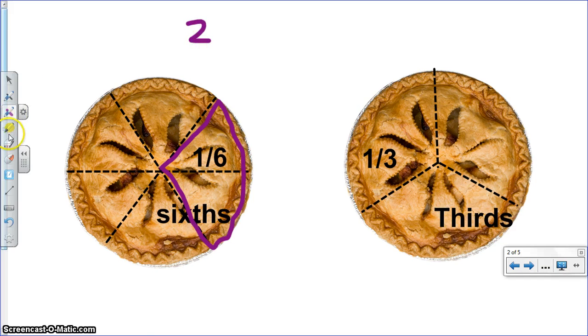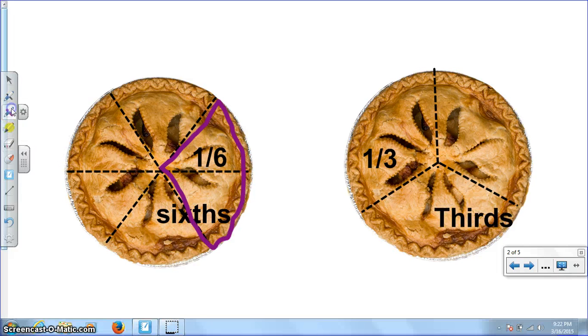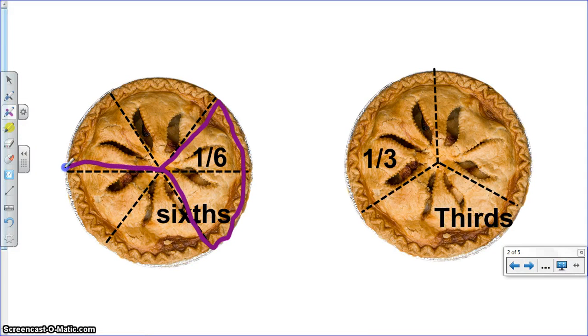Or better yet, let's go with 4/6 of the pie. So there's 2 pieces, and here would be 4 pieces of this pie. I bet you can already start to see what it would be equal to with the pie that's cut into thirds. So 2/6 equals how many thirds?